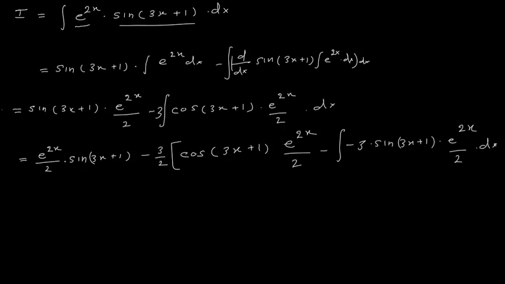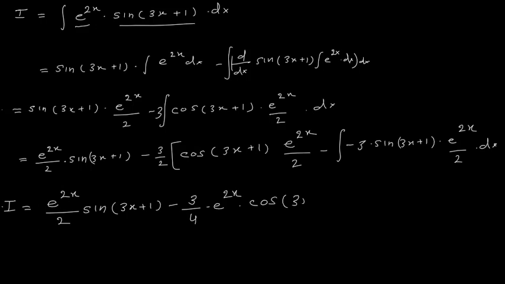So therefore finally we can say that I is equal to e^(2x) divided by 2 into sin(3x+1). I will write this as it is, then I will open the bracket here, it is minus 3 divided by 4 into e^(2x) into cos(3x+1), then minus and minus will become plus, and here I have a minus sign, so again it will be a minus.